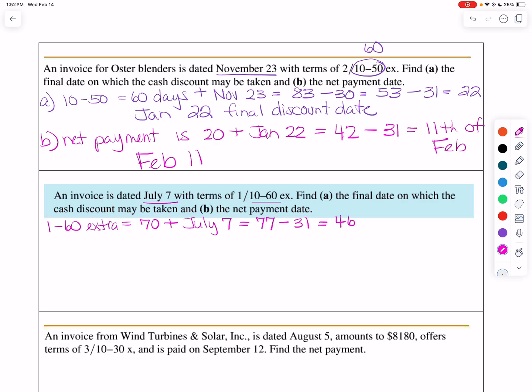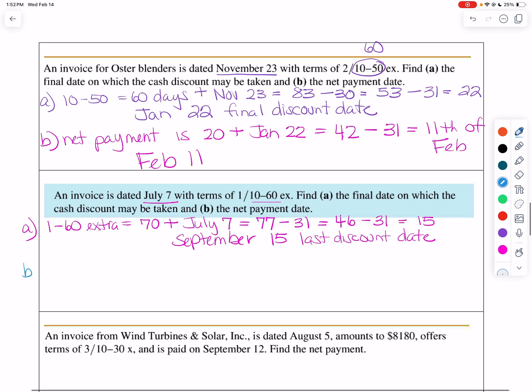We take out the 31 days in August, and that leaves me with 15. So September 15 is the last discount date. That was A.